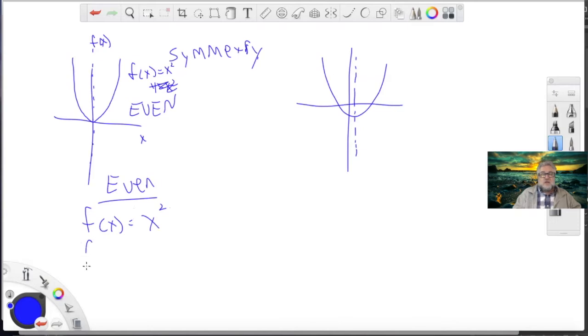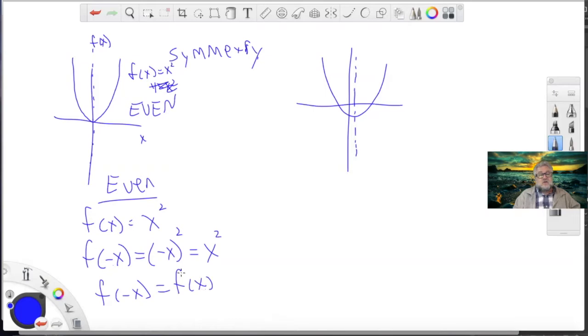If I calculate what f of minus x is, that means wherever I see an x, I'm going to replace it with minus x. The minuses will cancel, and I just get x squared again. So I found that f of minus x is equal to f of x, right? When this is true, the function is even.